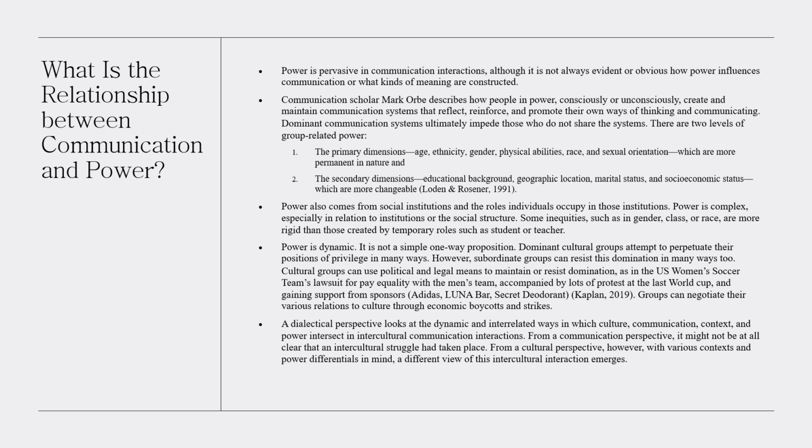Power is complex, especially in relation to institutions or the social structure. Some inequities, such as gender, class, or race, are more rigid than those created by temporary roles such as student or teacher, right? So the student-teacher dynamic only works for as long as the student is the student of that teacher. Once that student is graduated, that dynamic changes. But people don't tend to change some of these other categories, right, or more permanent.